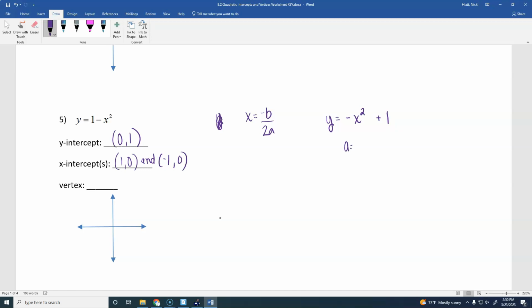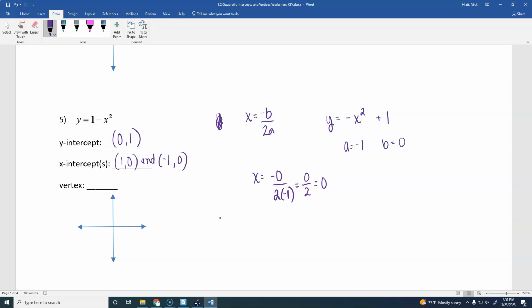What is my a value? -1. What's my b? It's not there, so it's a 0. If you're missing the middle term, if you're missing that x, your b value is going to be 0. So you're going to have -0 over 2 times -1, which is just 0 over 2, which is 0.